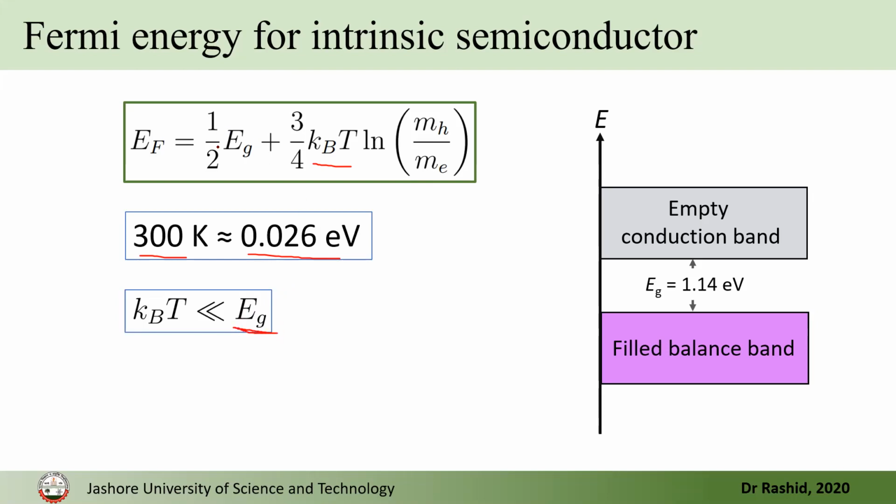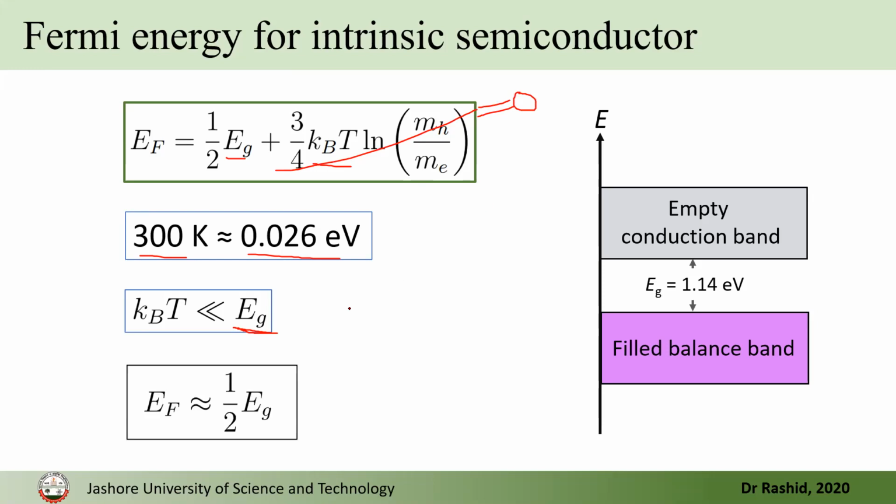So comparing to the energy gap, we can neglect this term. We can assume this to be 0. In that case, we have Fermi energy equals half of Eg. That is, for an intrinsic semiconductor, the Fermi level lies almost in the middle of the energy gap.